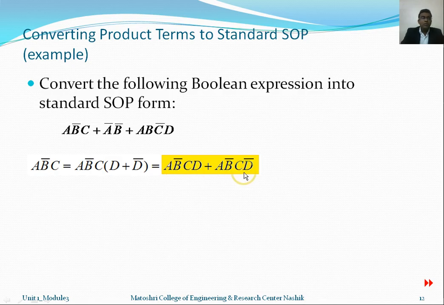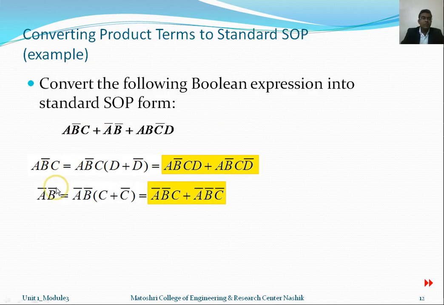In the second product term C is missing and also D is missing, but we proceed with C missing first. So C ORed with the C complement, and it is ANDed with the remaining A bar, B bar. So we are getting A bar, B bar, C or A bar, B bar, C bar. Now this A bar, B bar, C is again non-standard because D is missing.